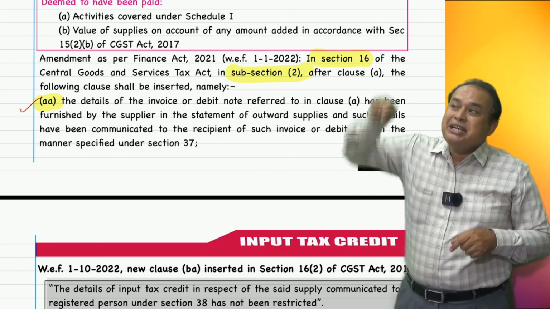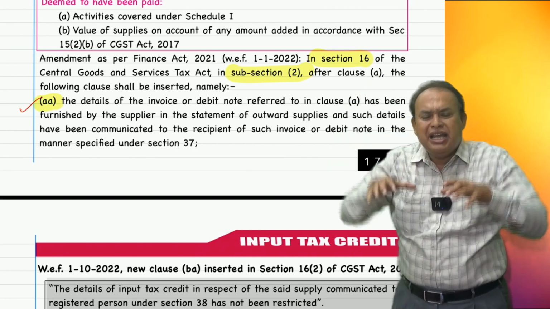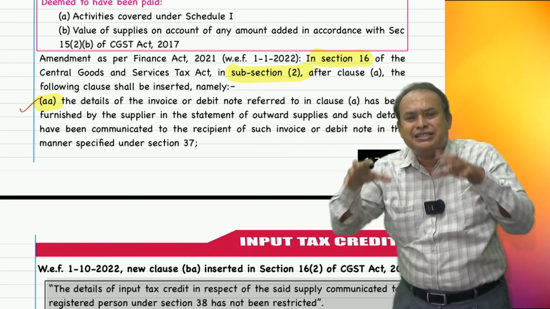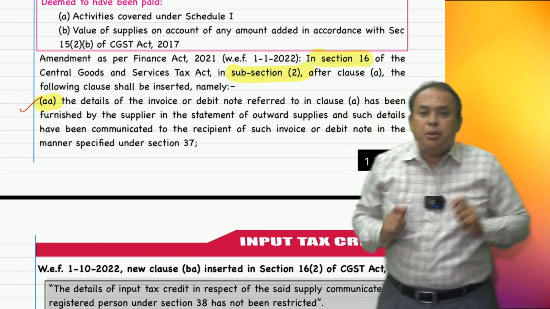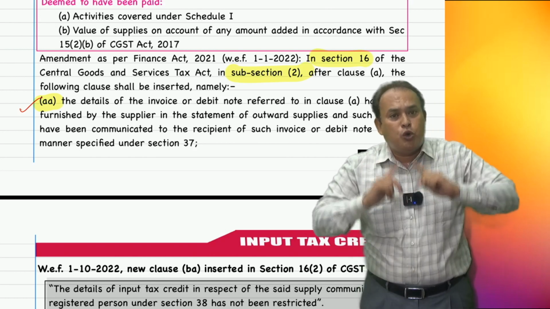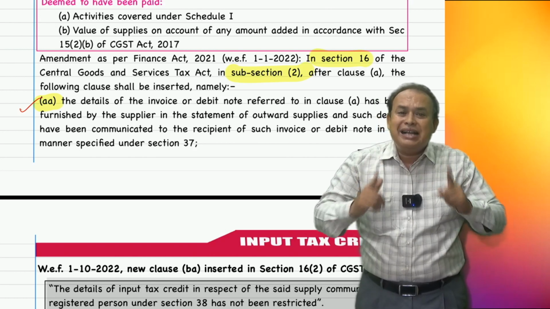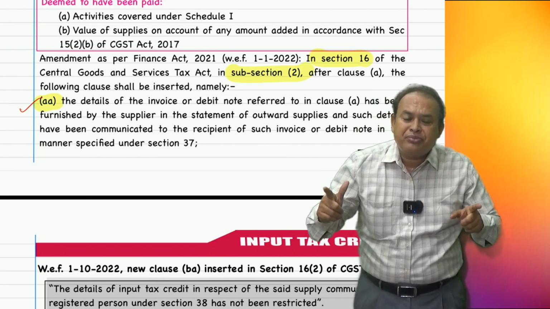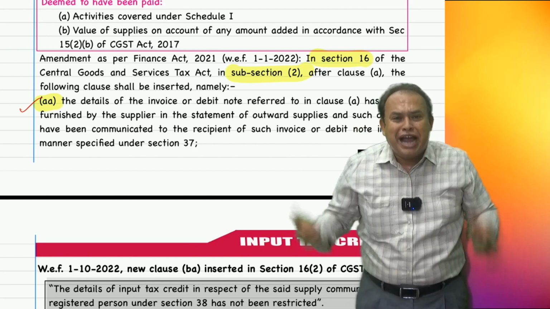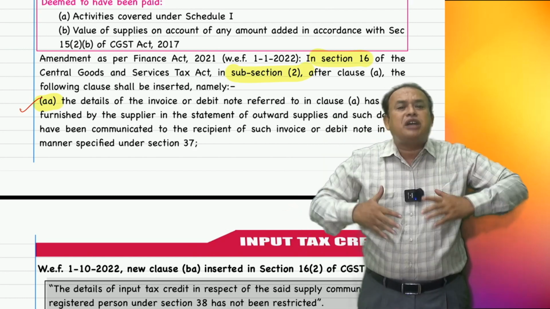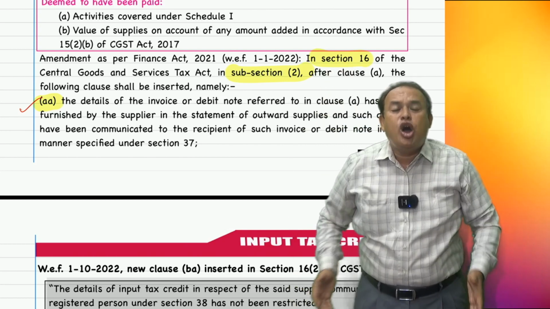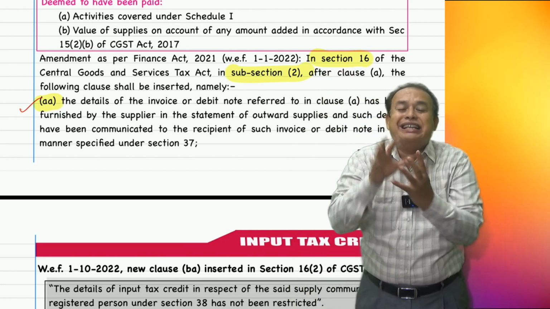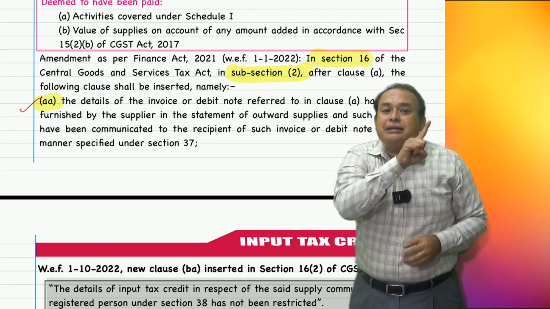In that return, X, you have to show clearly the invoice number, invoice date, the buyer name, the value, and the GST. That means, as long as the transaction is B2B, intrastate or interstate, such outward supplies have to be furnished in detail, invoice wise, in the GSTR1 return.